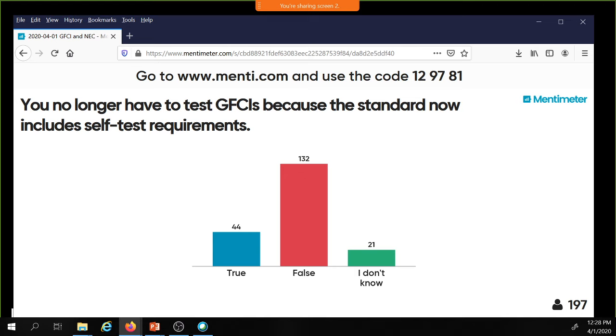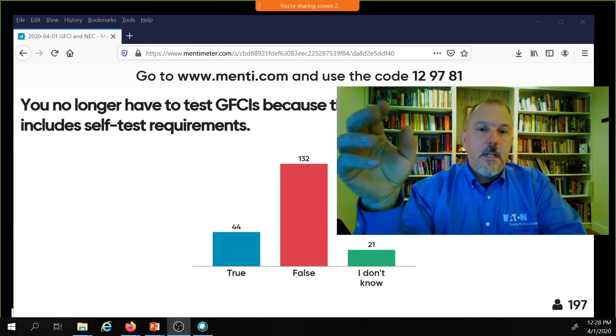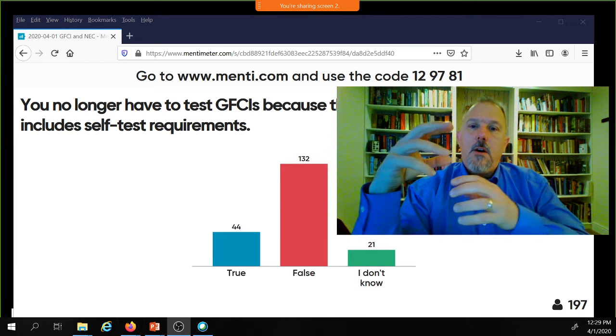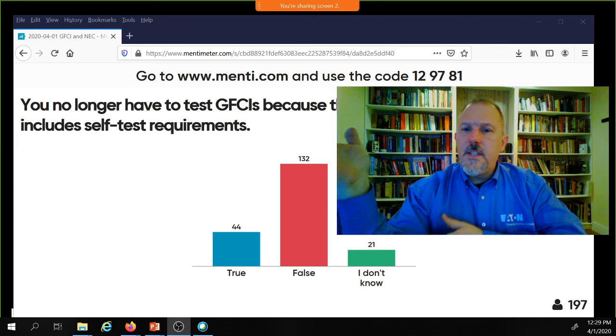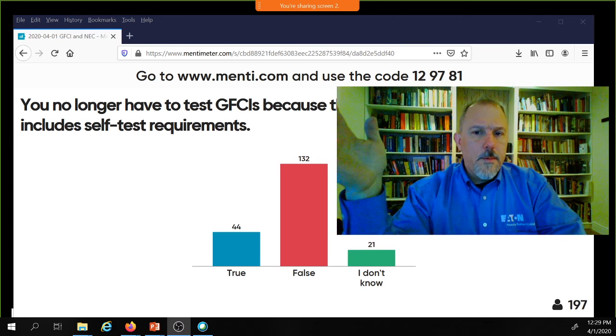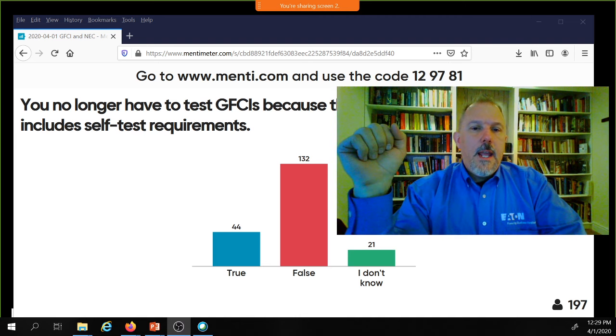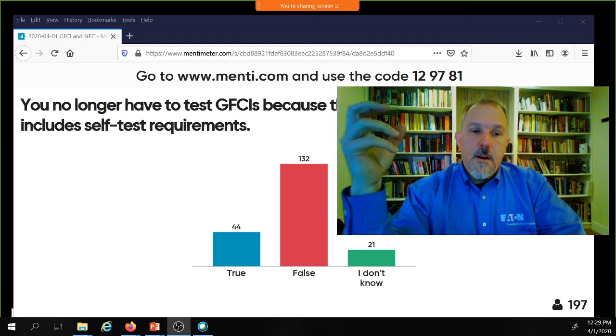In 2015, the standard went into effect that GFCIs had to have self-testing capabilities, because a NEMA study took a bunch of GFCIs, whether a circuit breaker or a receptacle, from the field, and analyzed them. They found that there were a lot of failures inside those receptacles.